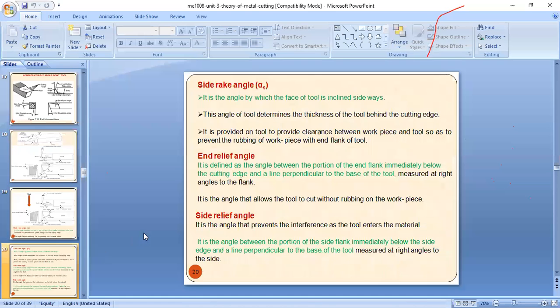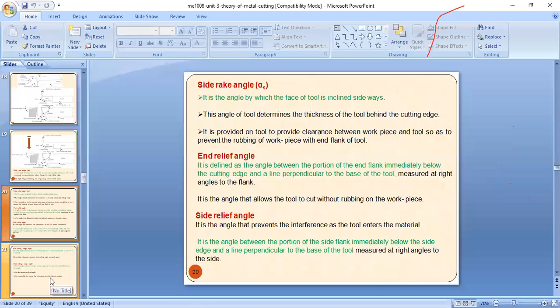The side relief angle is the angle between the portion of the side flank immediately below the side cutting edge and a line perpendicular to the base of the tool, measured at right angles to the side. You have to know the difference between end relief angle and side relief angle by drawing two separate views of the diagrams. Side cutting edge and end cutting edge we can show in the same diagram, but that is not the case with end relief angle and side relief angle.